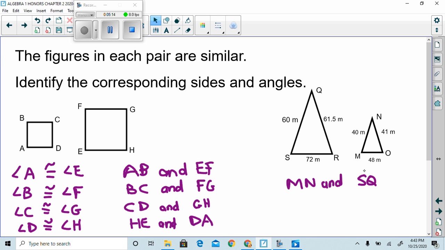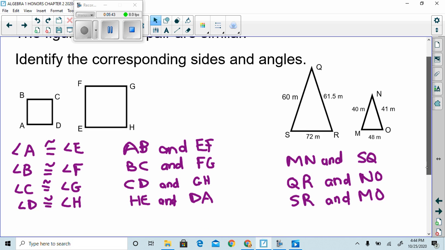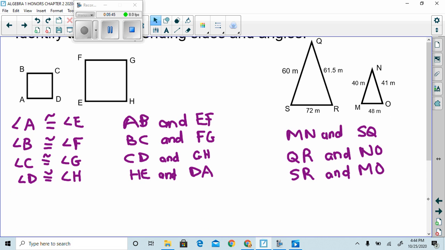We can see that QR goes with NO. And that leaves us with, let's see, what didn't I do? SR. And that will go with MO. And we could do the same with the angles as well. So just talking about same relative position, they correspond.